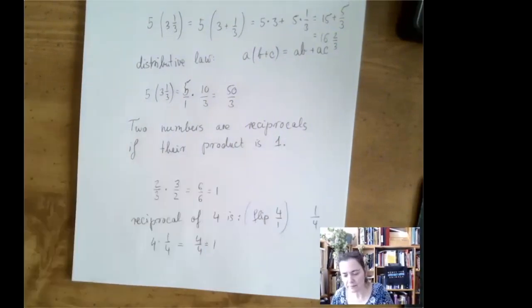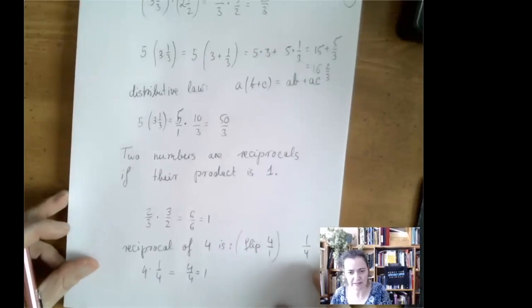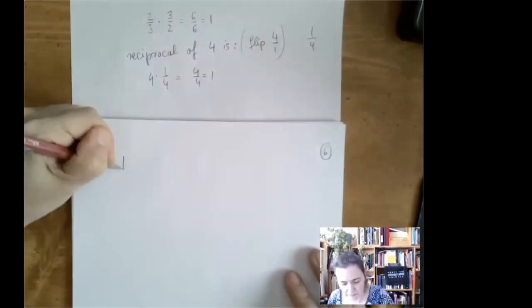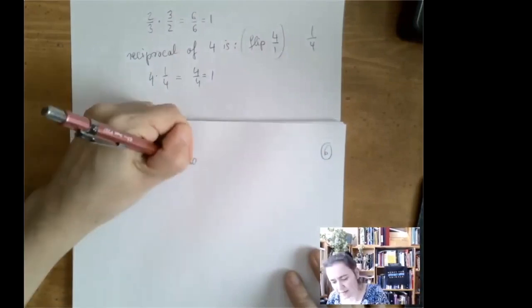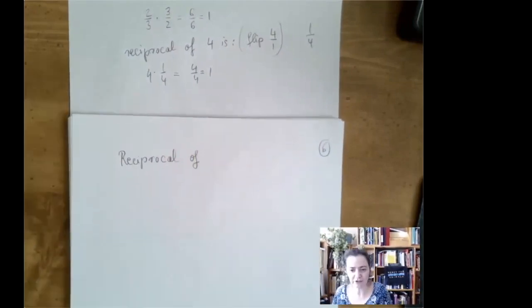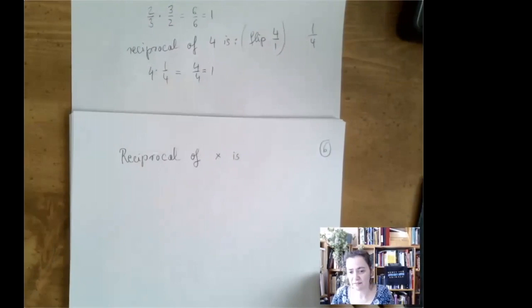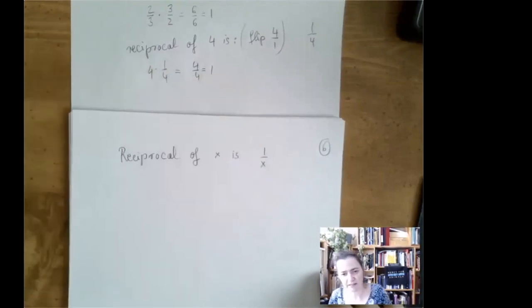And that's why if you don't know what you're dealing with, but you want to express the reciprocal, we say the reciprocal of x. Now, x could be a fraction like 5 over 3 or 2 over 7, or it could be an integer like 7. We don't know. But the way we express it is we grow a 1 and flip: it's 1 over x.